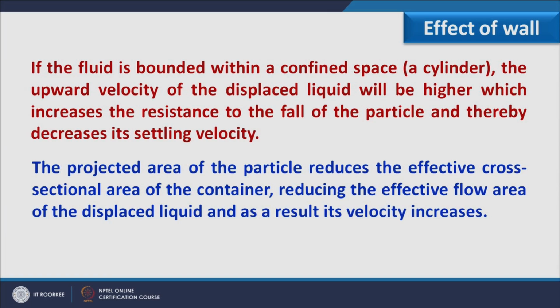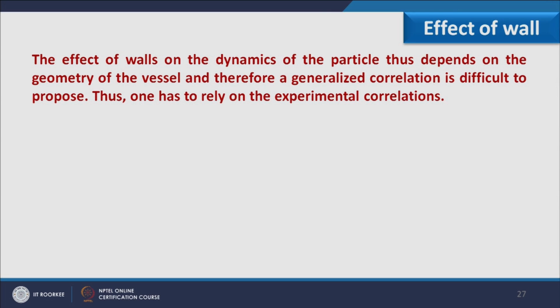So, it will reduce the effective flow area of the displaced liquid, and as a result velocity increases. Once velocity increases, the resistance on the particle will increase, and that is why the settling velocity of the particle will decrease.